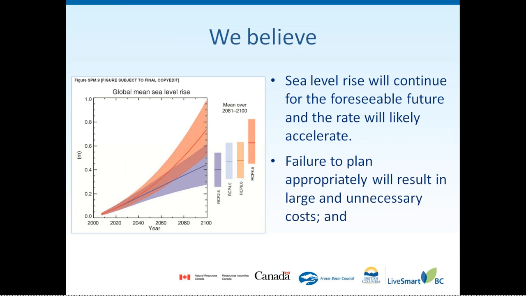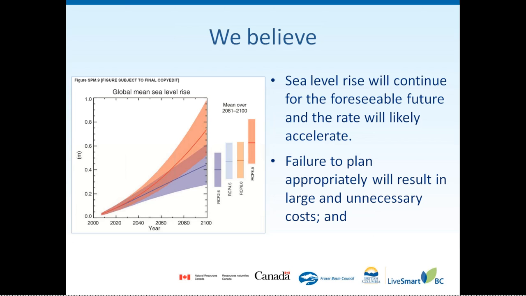basically impossible. The chart on the left of this slide shows projected sea level rise for various scenarios of economic growth through to the end of the 21st century. In order to make predictions about what sea level rise is going to look like in 2100, the IPCC has to make guesses about economic development.